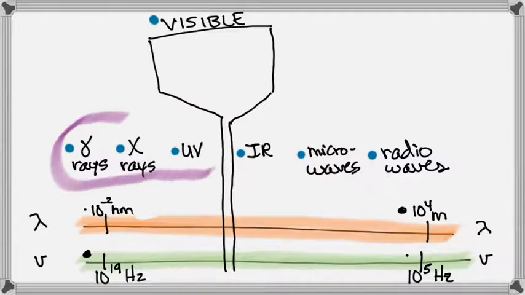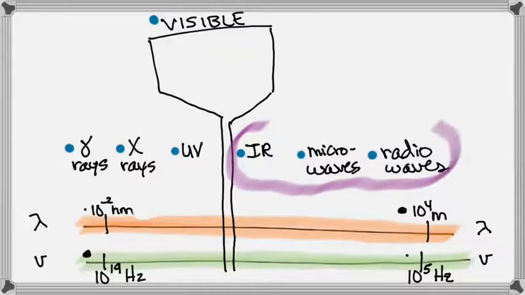If I asked you, between gamma rays, X-rays, and UV, which one has the highest frequency, your answer is gamma rays. If I asked you, between IR, infrared, microwaves, and radio waves, which has the shortest wavelength, your answer is infrared.